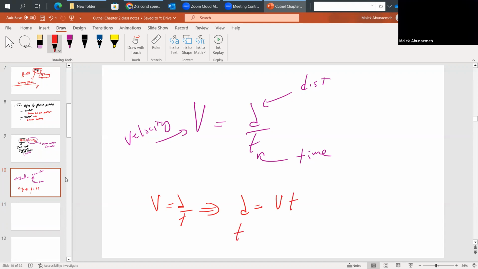If you solve for your time, it equals distance divided by your velocity.